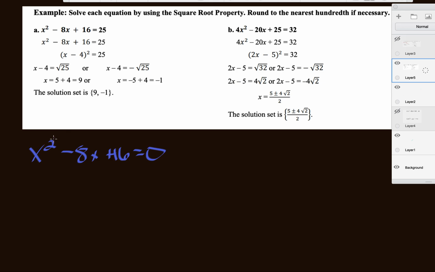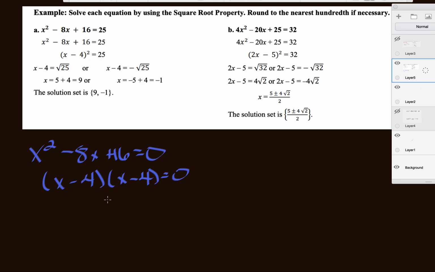What times what gives you 16? You'd say 4 times itself, and negative 4 plus negative 4 is negative 8, so this is x minus 4 times x minus 4 equals 0, and then you would solve for x.